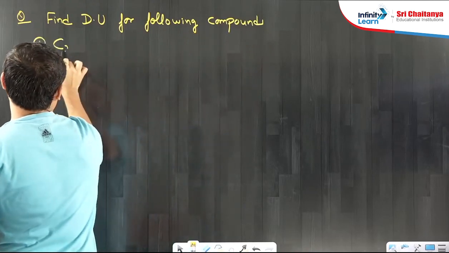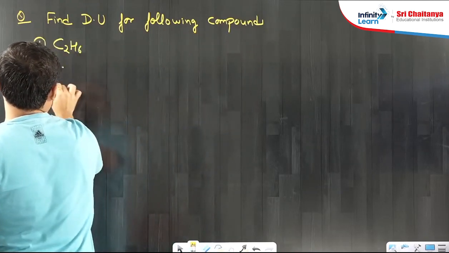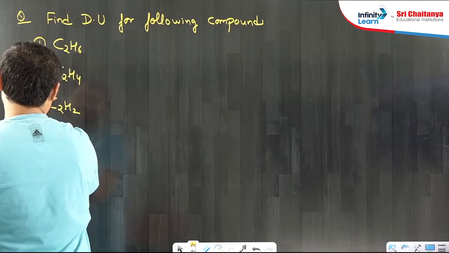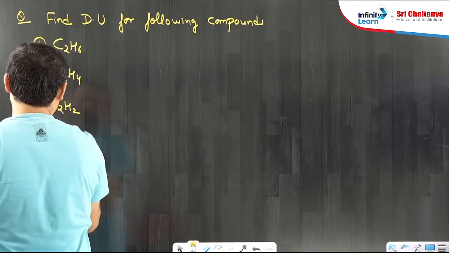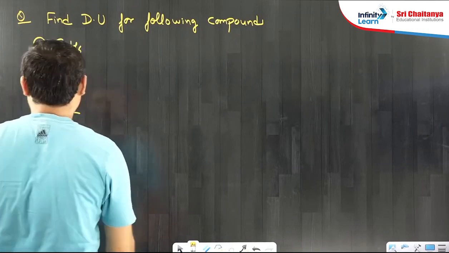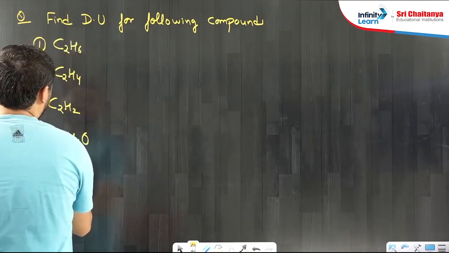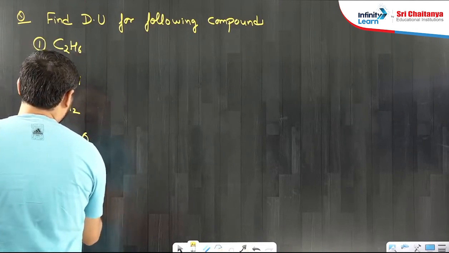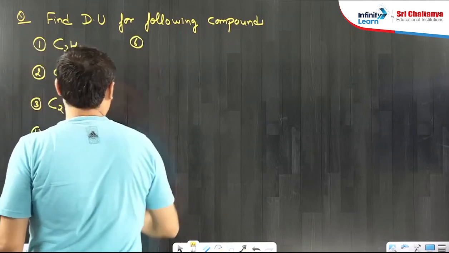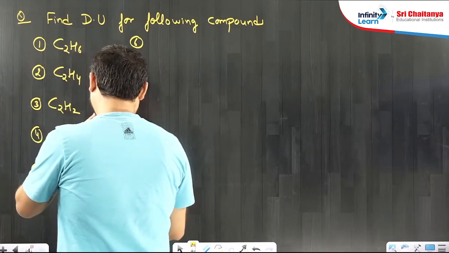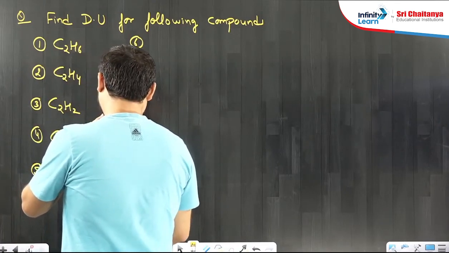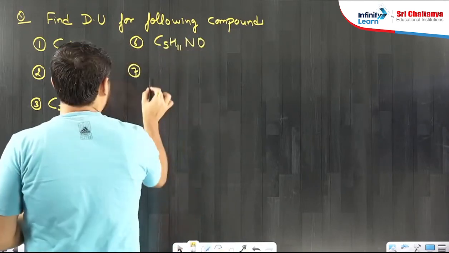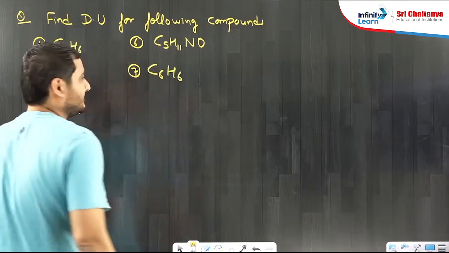First is C2H6, C2H4, C2H2, C3H6O. Next is C5H13N, next is C5H11, next is C6H6.